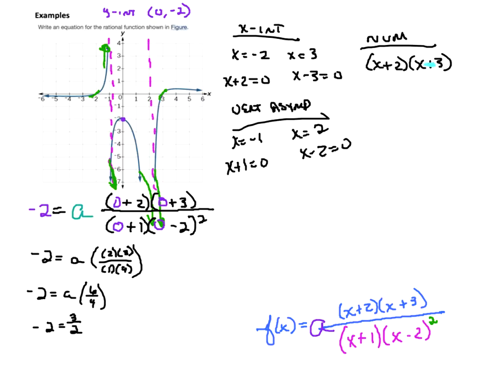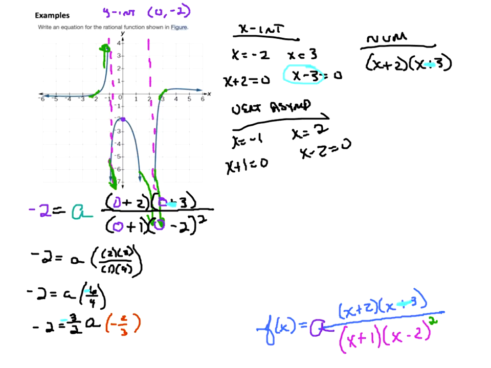Shoot. Hang on. I have a mistake here. This is a factor of x minus 3. Right here. x minus 3. This is -3. I knew I was supposed to get a negative value, so that makes that -6 over 4. So -3/2 a. Sorry about that.